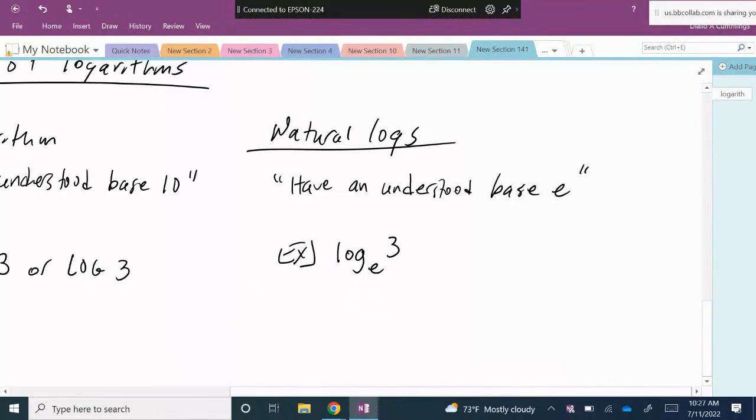You're never really going to see this, right? Log base E of 3. But what you will see is ln3. Right? So whenever you see that ln, that's a logarithm that has an understood base of exponential E.